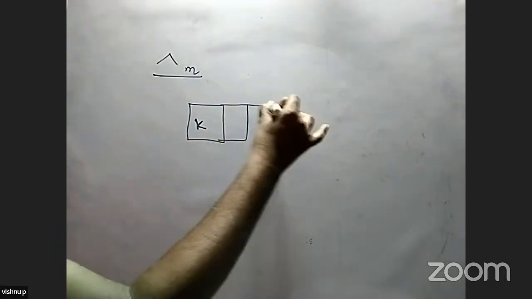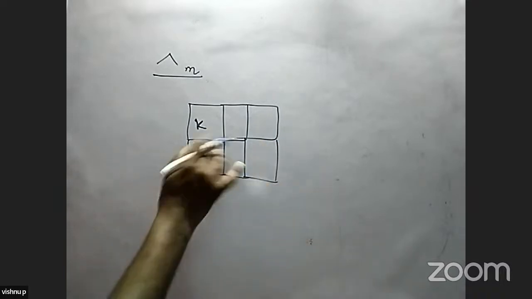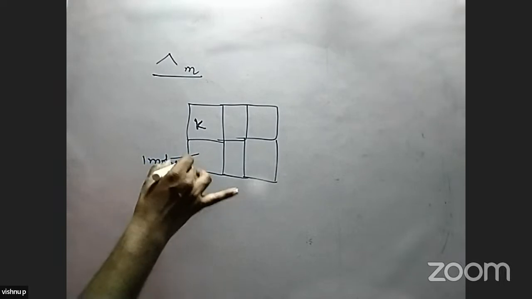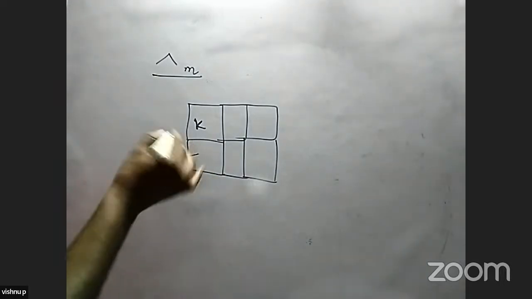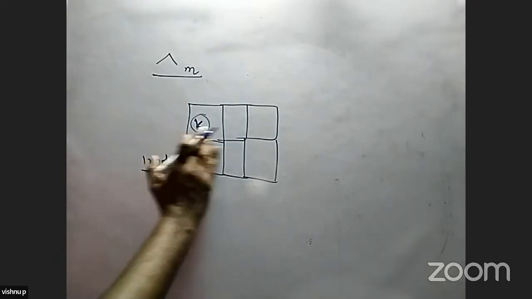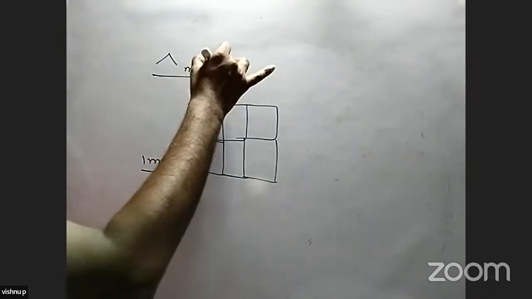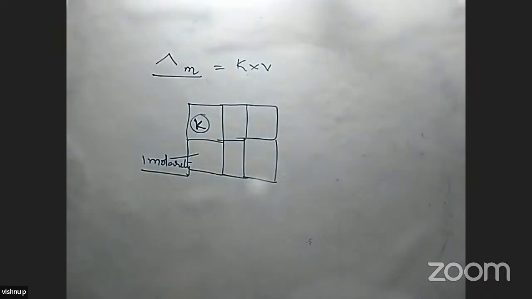But if this volume increases and the concentration is, we know, one molarity, that conductivity is called molar conductivity, always indicated by K into V.